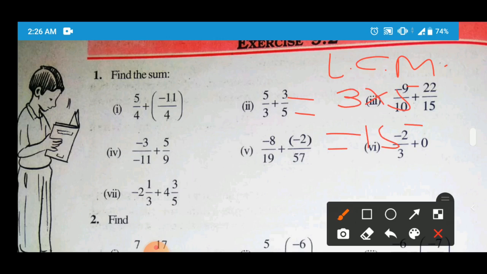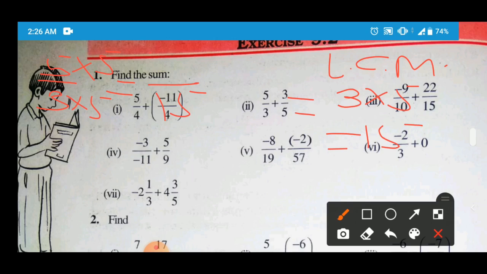So the LCM of 3 and 5 is 15, and the first fraction is 5 upon 3, and we need 15 in the denominator, so we multiply 3 by 5, and the numerator 5 is also multiplied with the 5, because we always multiply the numerator and denominator with the same number.